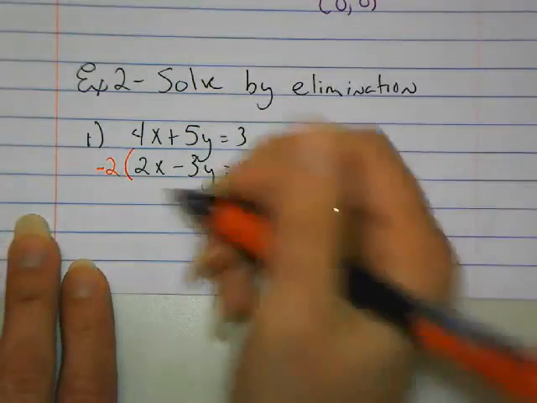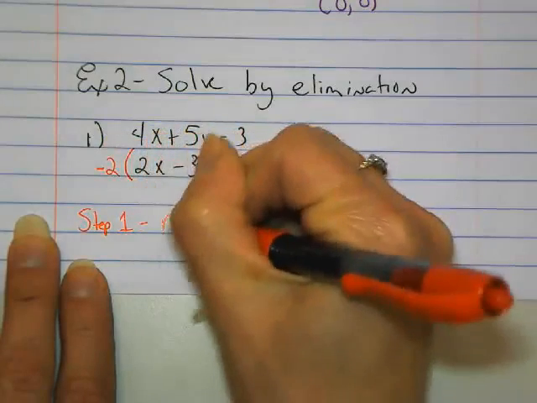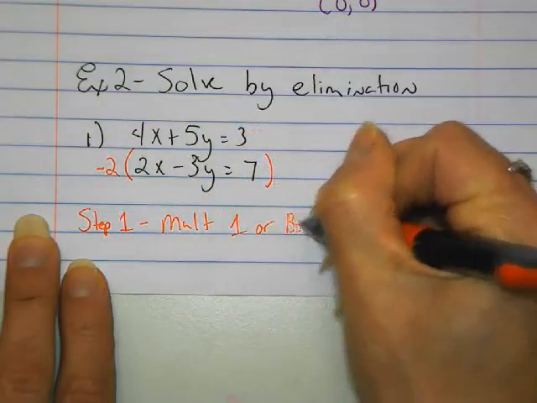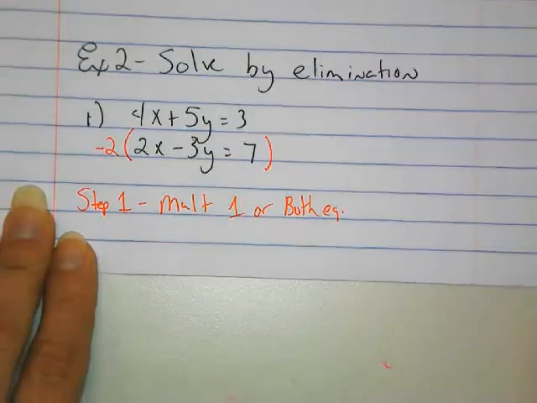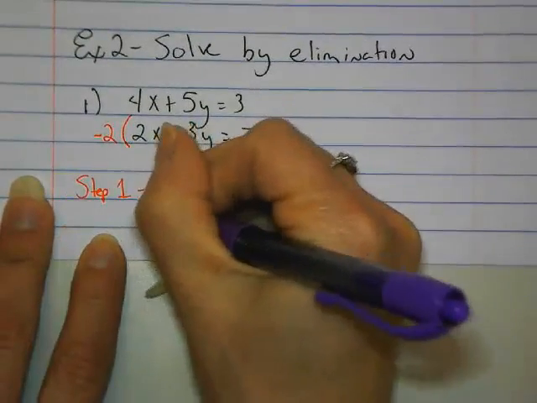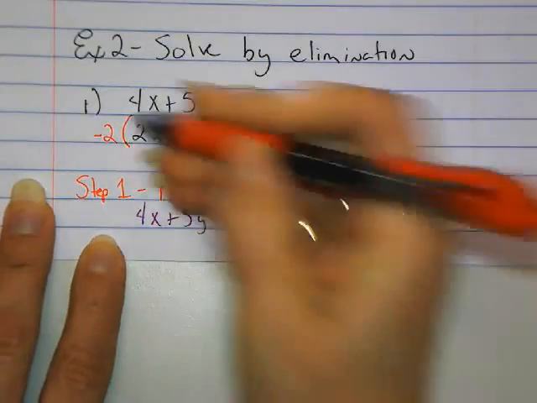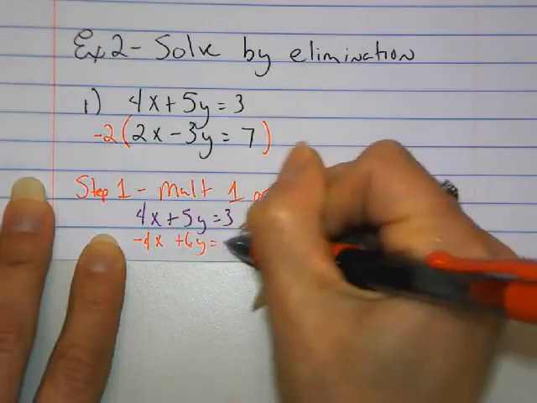Alright, so step 1 is to multiply one or both equations. Okay, so I get 4x plus 5y equals 3, and here I get -4x plus 6y equals -14.